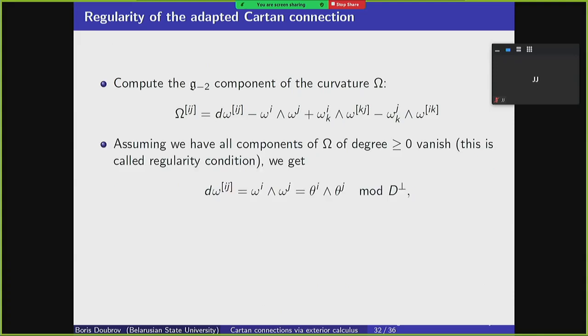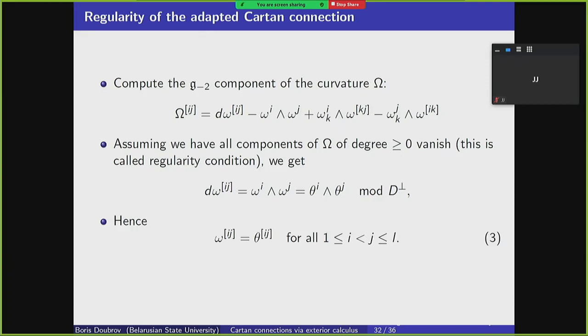We want our structure function to have no components of degree less than or equal to 0, sorry, to have only components of positive degree. Then we check what happens, and this tells us that this slot has to be 0 modulo d perp. These two forms are in d perp, so this term should vanish modulo d perp.